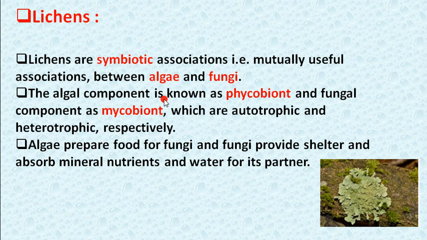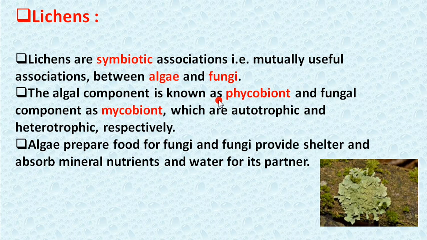The algal component is known as phycobiont and the fungal component is called mycobiont. Myco is related to fungi and phyco is related to algae. That's why the algal component of the lichen is called phycobiont, and the fungal component of the lichen is called mycobiont, which are autotrophic and heterotrophic respectively. As we know, algae are autotrophic and fungi are heterotrophic.